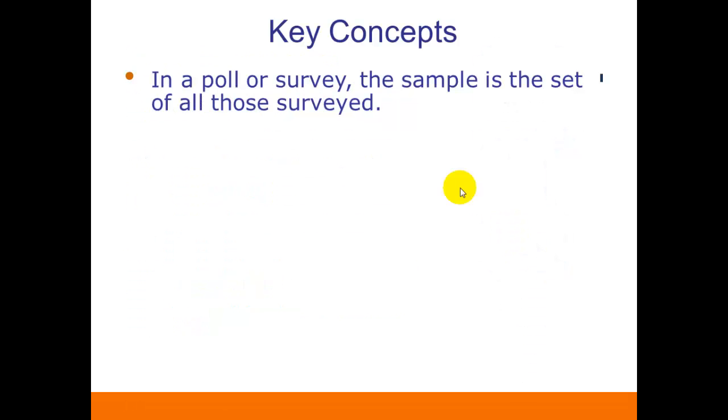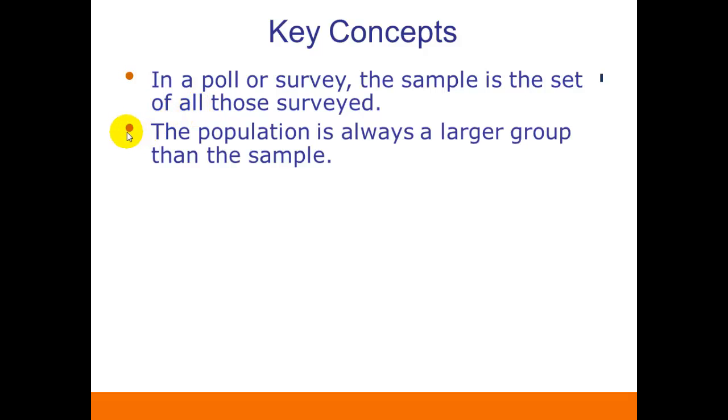Now, when we're trying to identify populations and samples, here are some key concepts. If we're talking about a poll or a survey, the sample is the set of all those that were surveyed. The population is always a larger group than the sample.